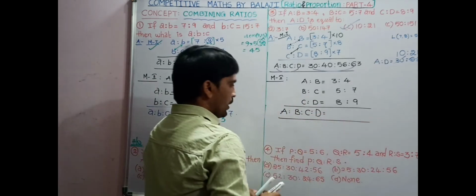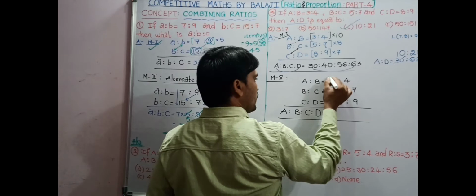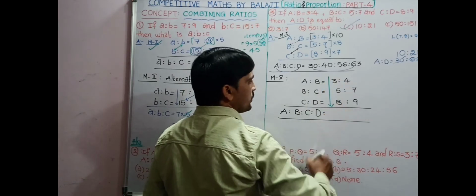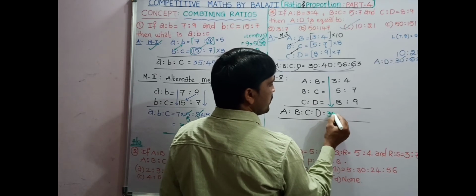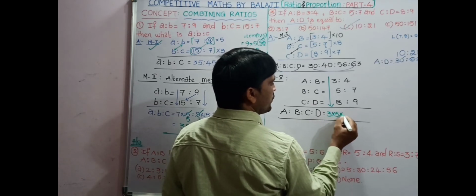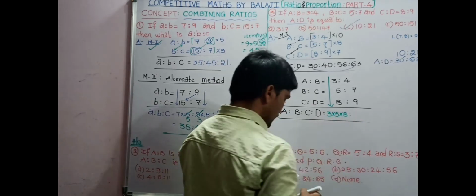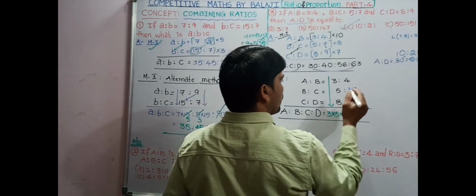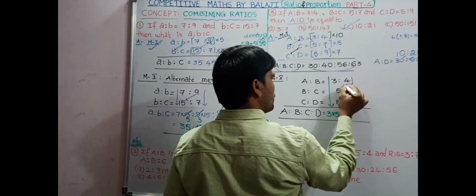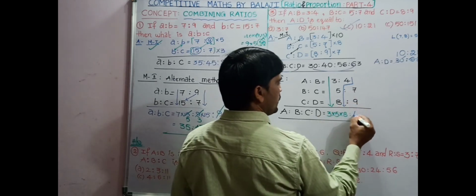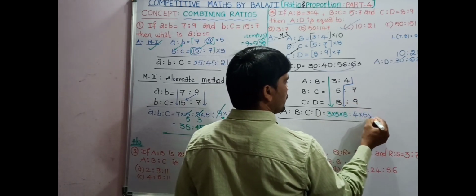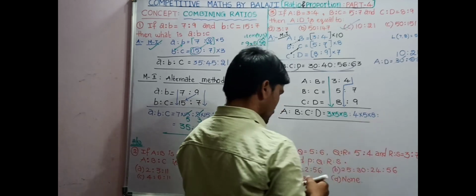So that is, A value is, consider the product of the first terms of all three ratios, that is 3 into 5 into 8, is to. Then consider the product of the second term of the first ratio and the first terms of the remaining two ratios, that is 4 into 5 into 8, is to.